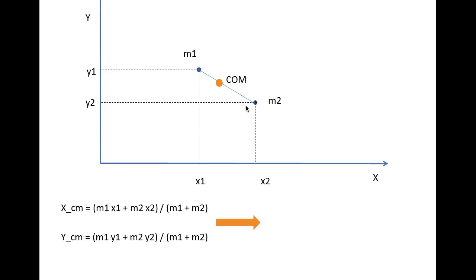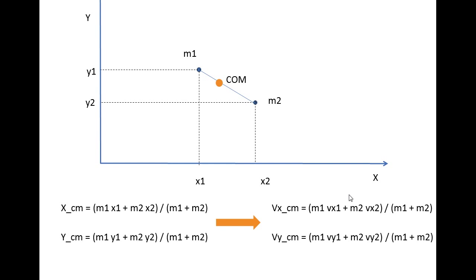Now, if you differentiate these equations, you will see that the resultant equation gives the velocity of center of mass. These are the x component of velocity and y component of center of mass velocity. And here I've written the vectorial form of the same equation.